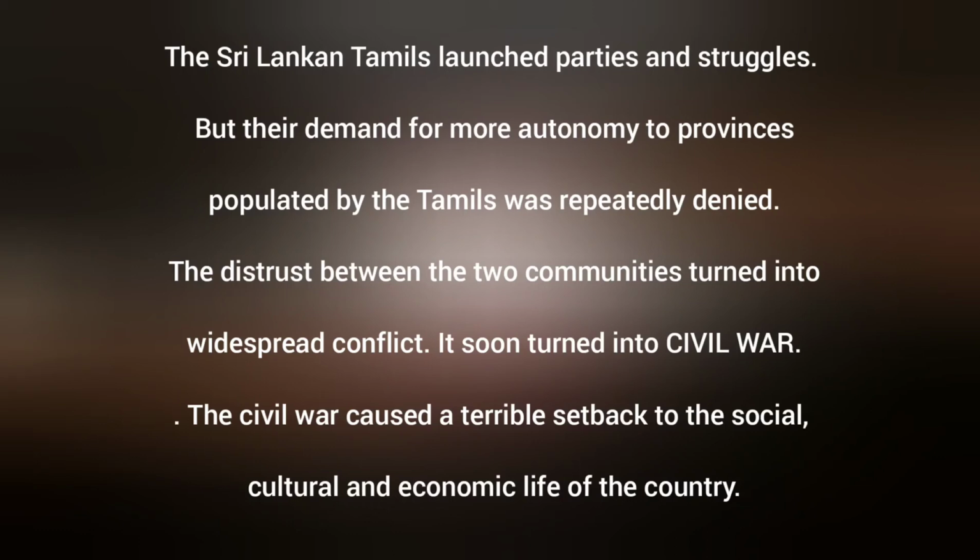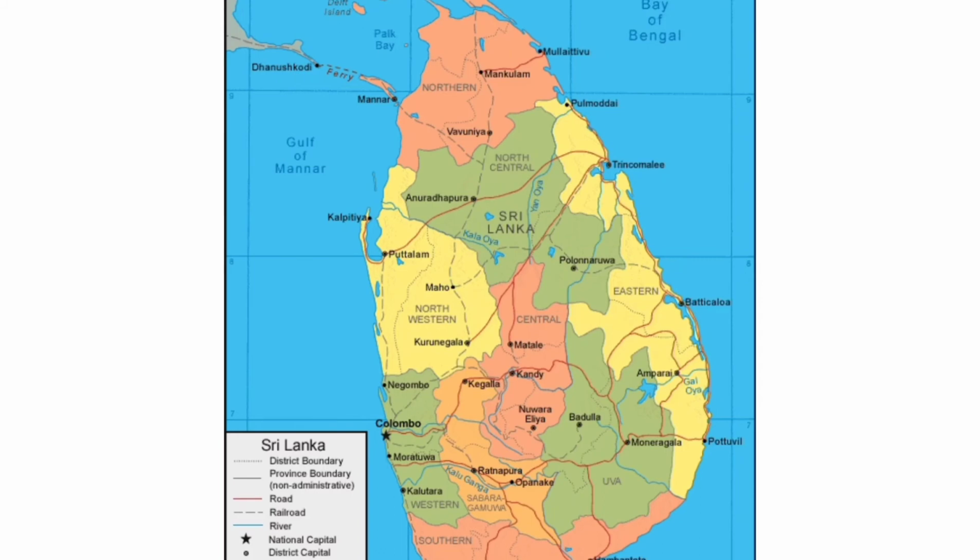Sri Lanka's excellent record of economic development, education, and health suffered a terrible setback. It caused a setback to the social, cultural, and economic life of the country, and the war ended in 2009. Thus it created disunity among the people in Sri Lanka.